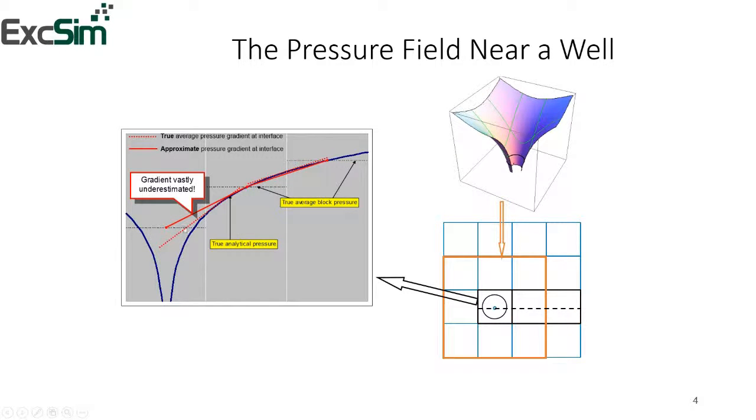So since the gradient is vastly underestimated in the simulation, the flow into the well block will be vastly underestimated, and you would get a severe material balance error. You would get an accumulation of oil in this block. There is more flowing in from all three sides than is flowing out.